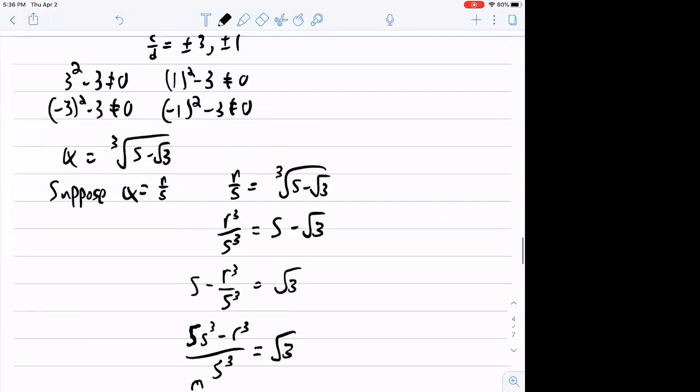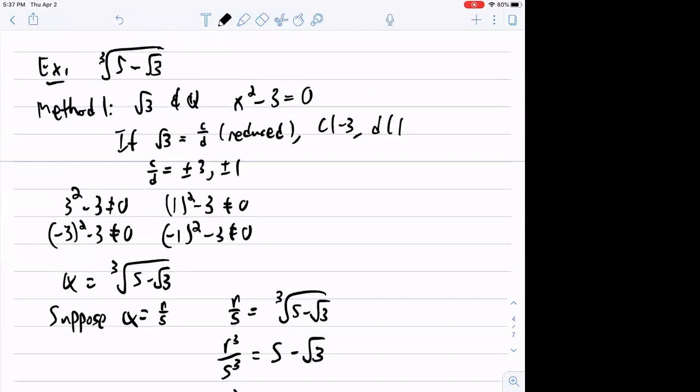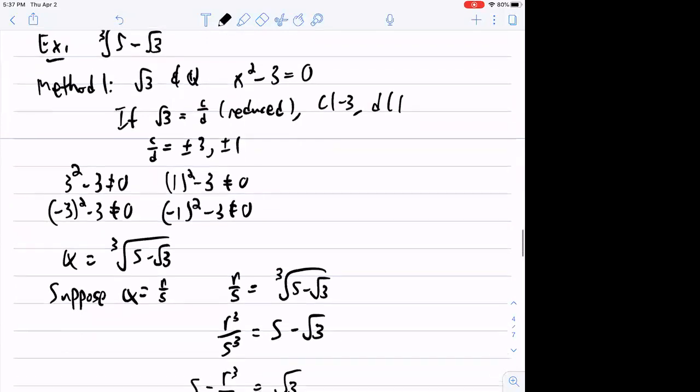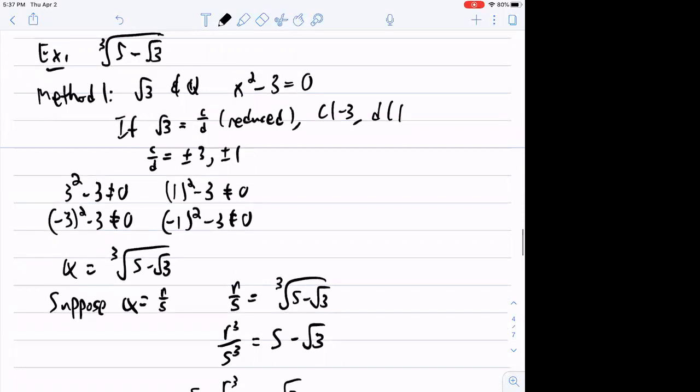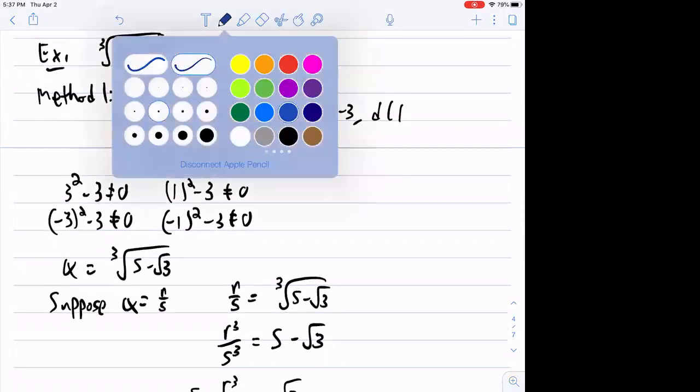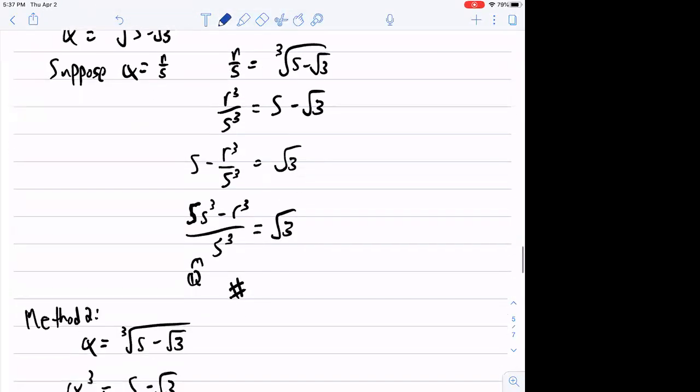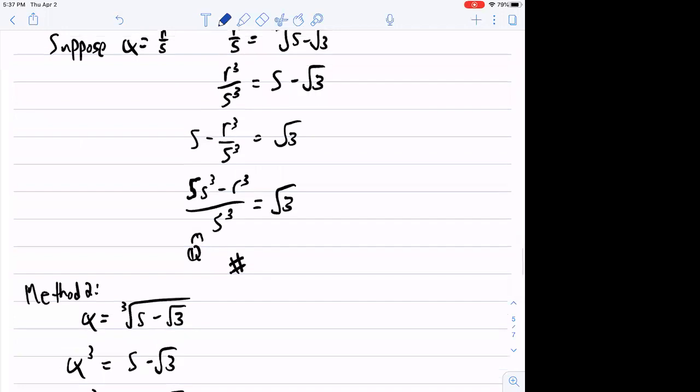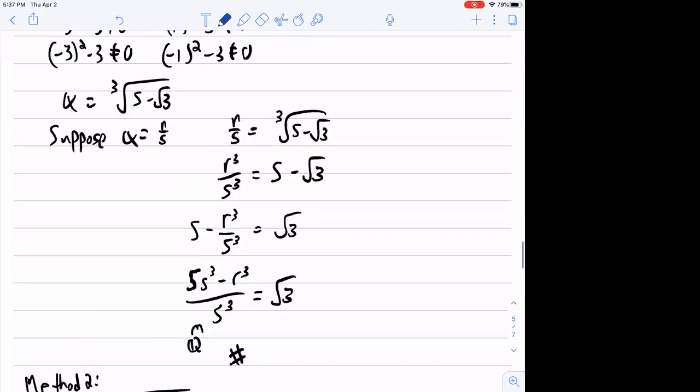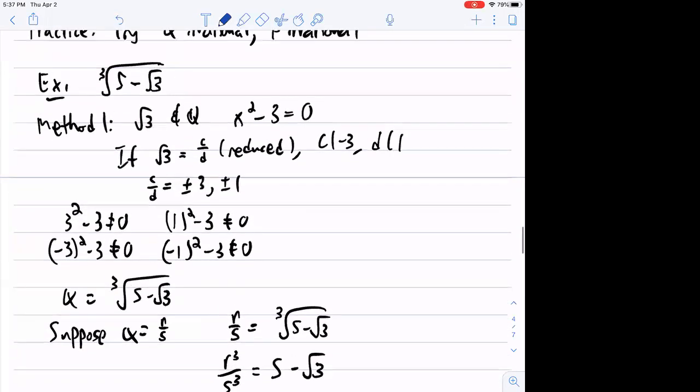In method 1, is it a contradiction because the left-hand side is in Q, but the right-hand side isn't? Which part? The very last line. Right there, you have your fraction equal to root 3. Root 3 is not rational because we just proved it here.